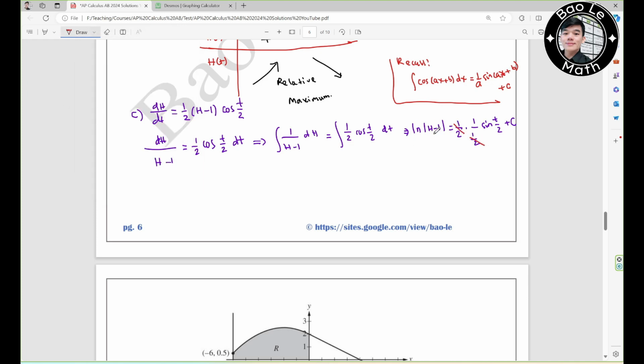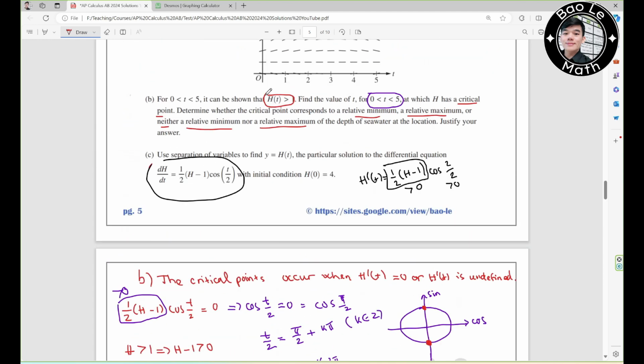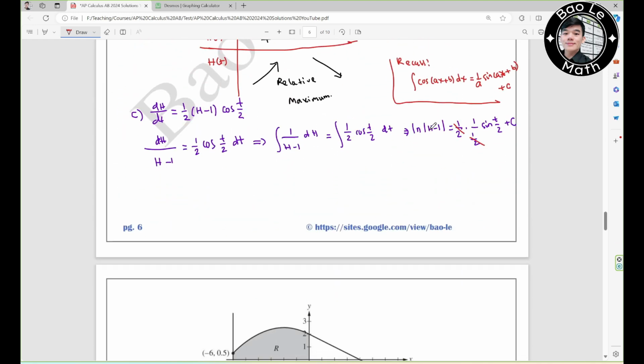Now, because remember, we have the condition right here, h of t is greater than 1 for every single t between 0 and 5. So h minus 1 is greater than 0.